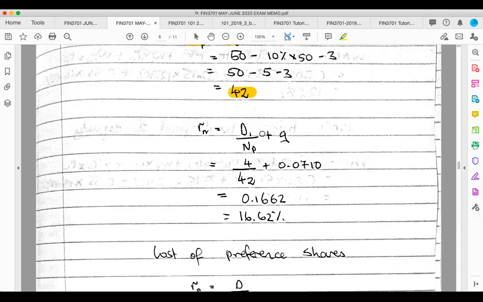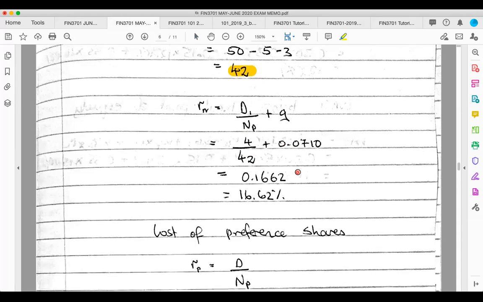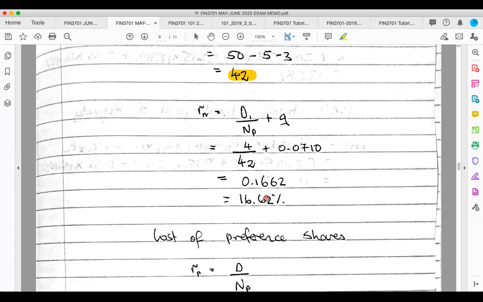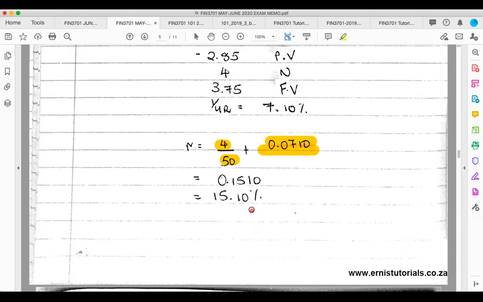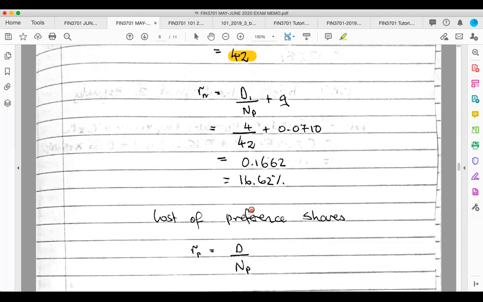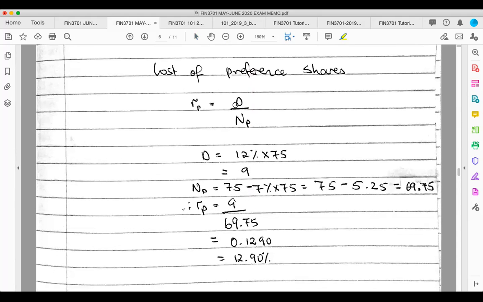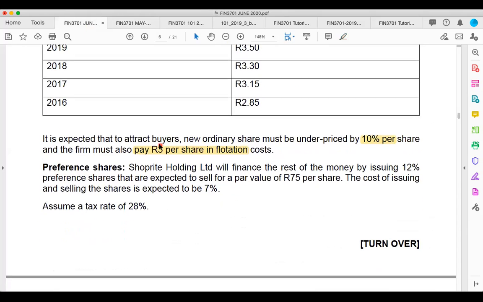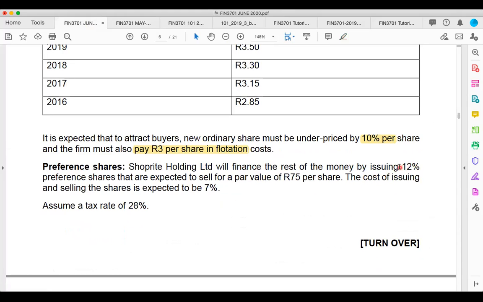And then we take our dividend of 4 over the net proceeds plus the growth rate. So this is the cost of new ordinary shares, whereas 15.10 is the cost of existing ordinary shares. And then lastly, the cost of preference shares, we just take our dividend over the net proceeds. Our dividend is 12% multiplied by the par value.